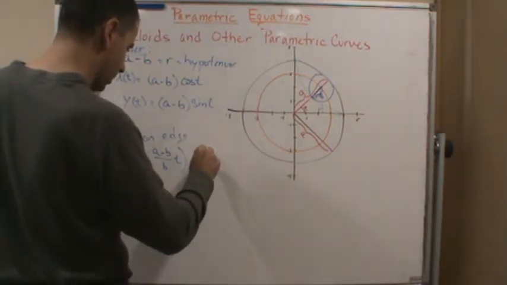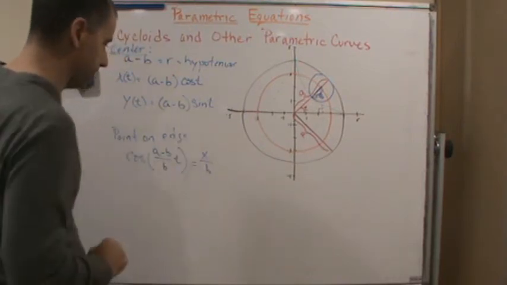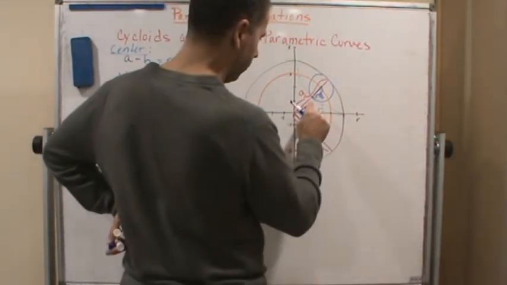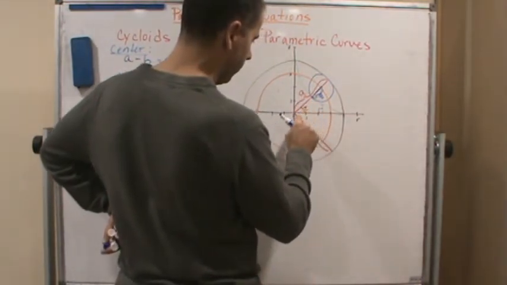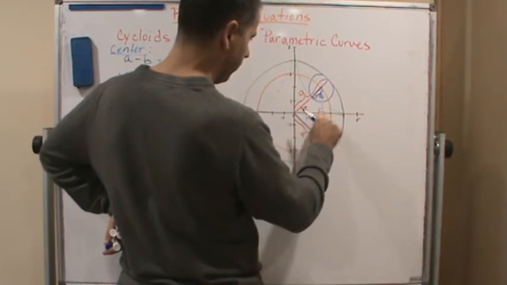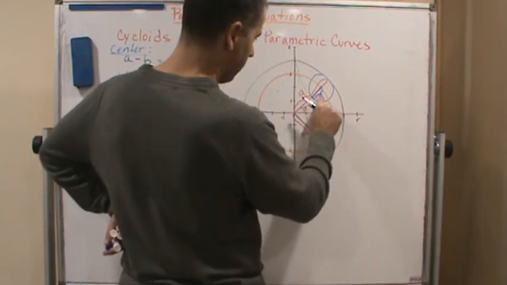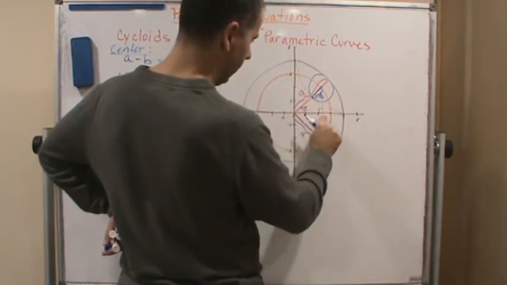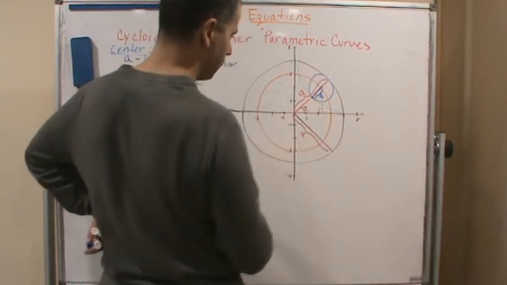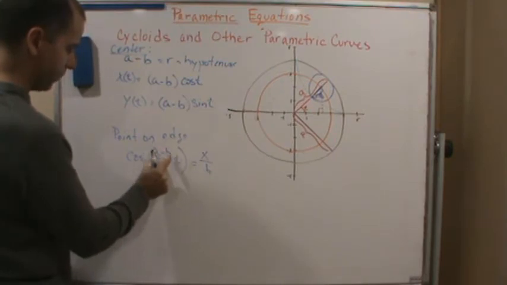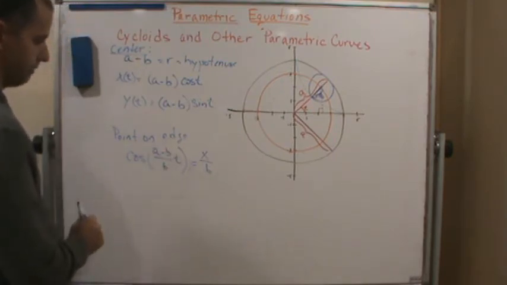X over B. Yep. So that's going to be X over B, because again, this represents X, the distance X from here to here, divided by B. But because these are proportional, we're taking a proportion of that.